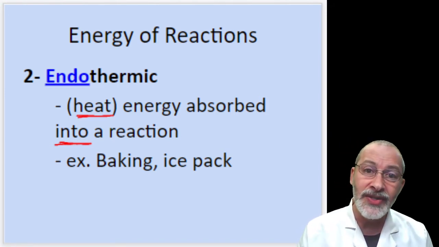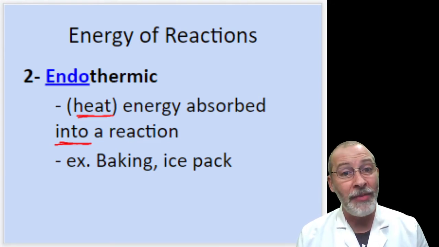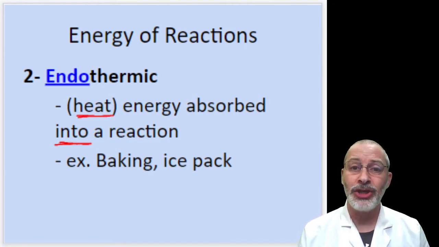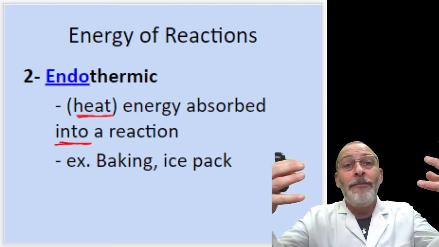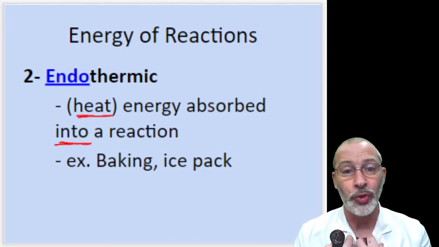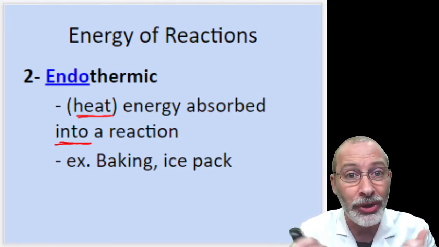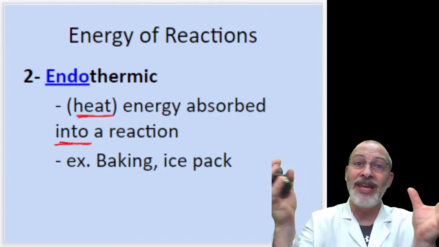Endo means inside or into. So an endothermic reaction is a chemical reaction in which the heat energy is absorbed into a reaction. In other words, it gets colder on the outside because the heat energy is being taken in.